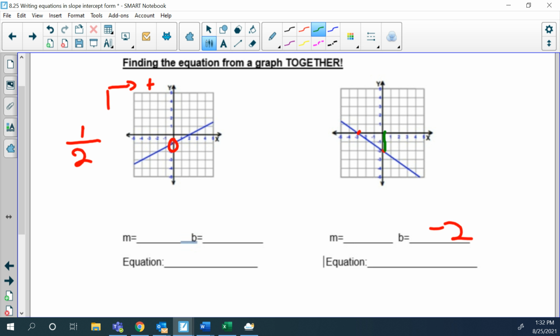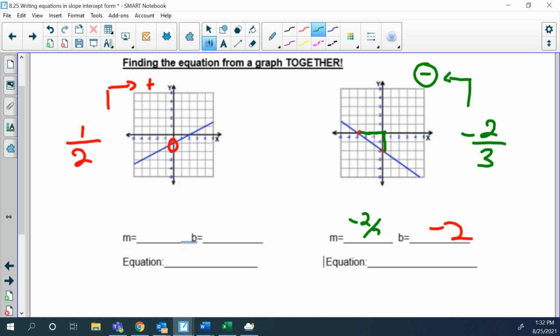So my rise is 2. And let's do my run now. I'm running to the left: 1, 2, 3. So my run is 3. Now, remember the rule I said before: because I went up and to the left, my slope is going to be negative. So this is going to be negative 2/3.